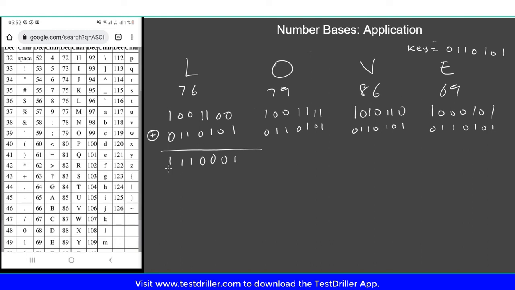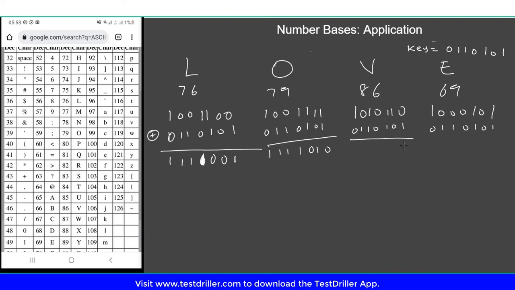Then, let's go over it again. This is 1, 0, 0, then this is 1, 0, then 1, 1, 1, and 1. So the next is for the V. Mind you, we're not doing the typical addition, we're doing the exclusive OR, which is a special addition.